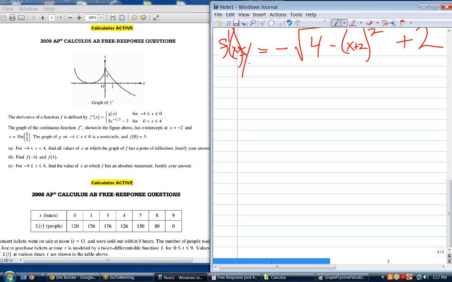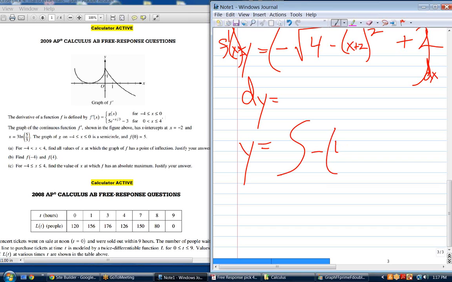If dy/dx is equal to this, then dy equals that whole thing times dx. You with me so far? Yes. Okay. Integrating both sides, we get the integral of this equals the integral of that. Well, the integral of that is y equals the integral of this whole monstrosity here, which is minus the square root of 4 minus (x plus 2) squared plus 2.